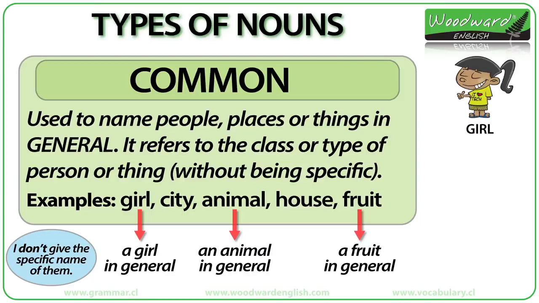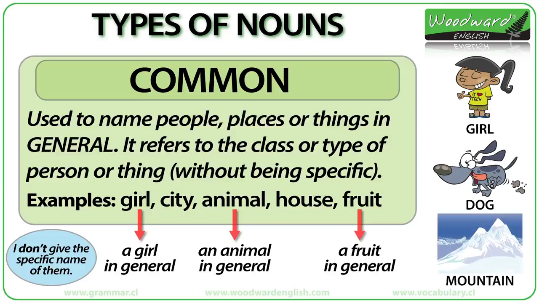Girl is a common noun because it refers to a girl in general without giving her name. Dog is a common noun because it refers to a dog in general. I don't give the specific name of that dog. Mountain is a common noun.